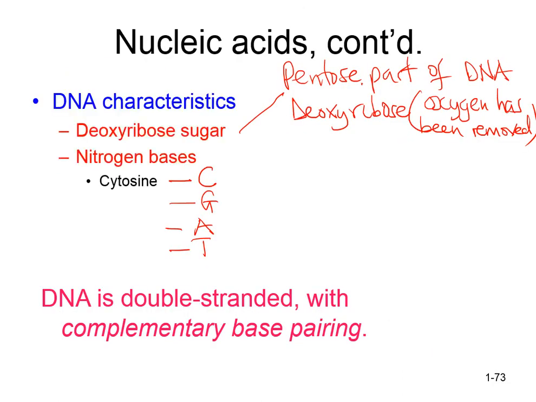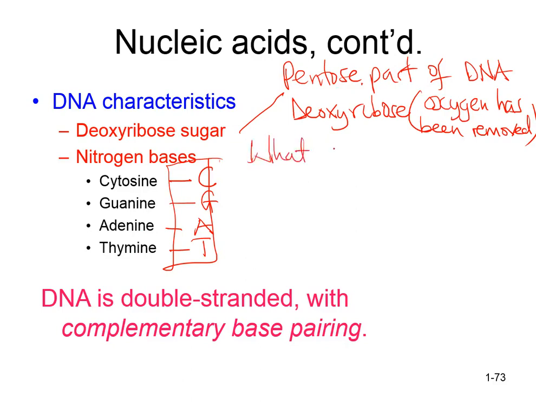So these are the bases that you can find in DNA. CGAT: cytosine, guanine, adenine, thymine. Normally, the teacher will want you to memorize what bases are found in DNA. What bases are found in DNA?